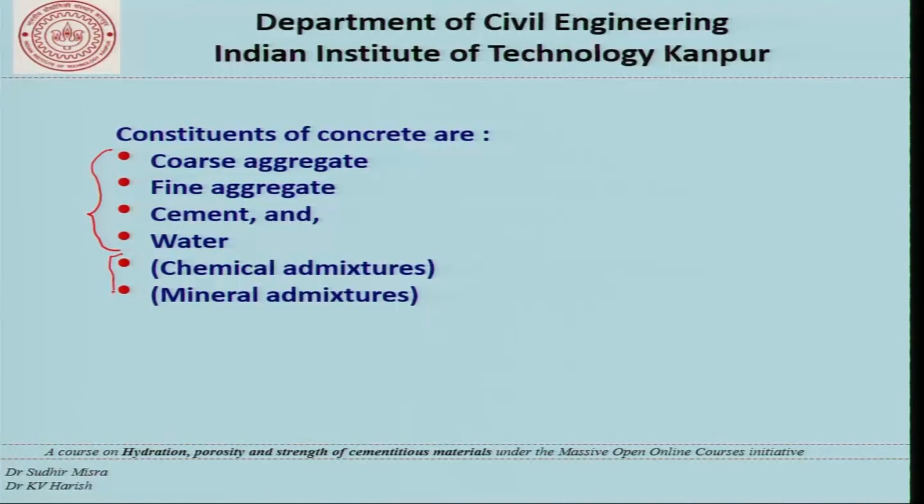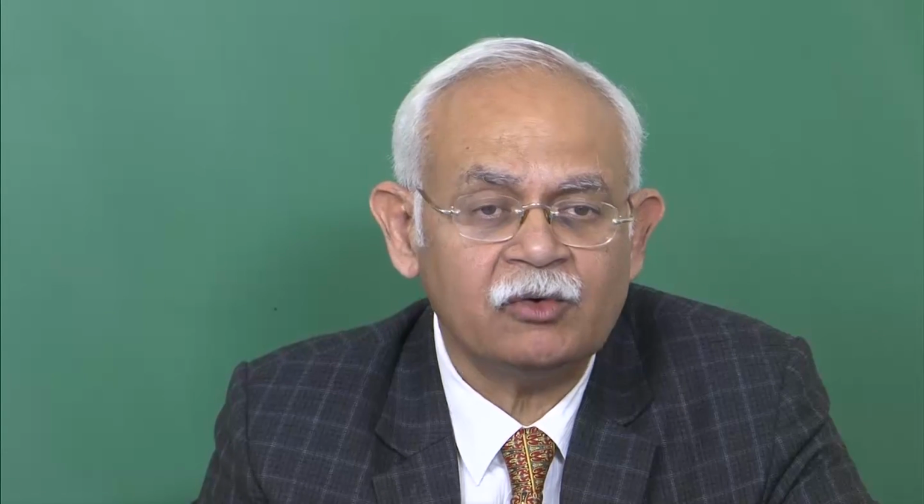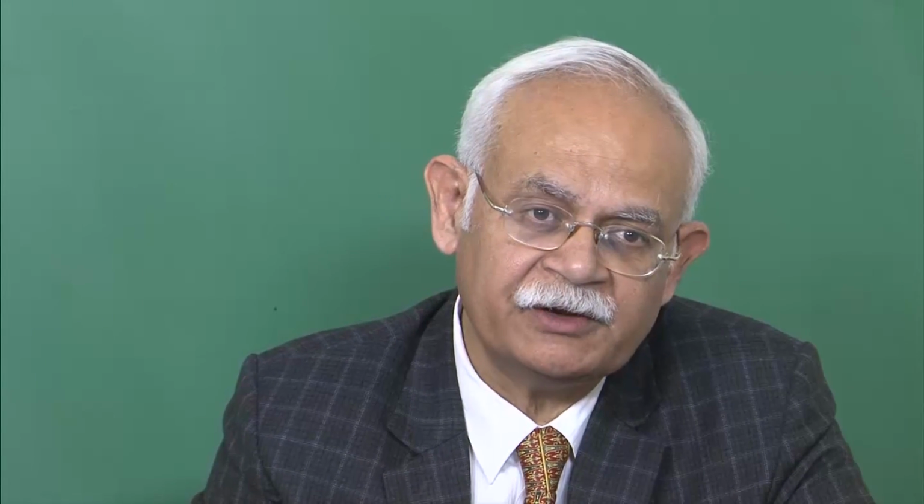These two admixtures, chemical and mineral, are being added to concrete routinely and as part of a regular job now in the last, say, 30, 40 years, when we have better understood how concrete behaves, how cement hydrates, and what kind of concrete we need in different environments, and so on.